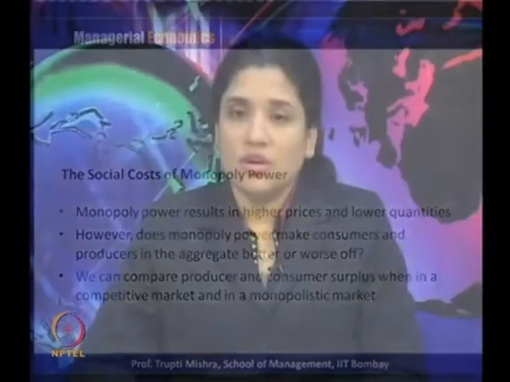What are the consumer surplus and producer surplus in each? That gives us the difference: whether consumers and producers are better off or worse off in case of a monopoly market structure.